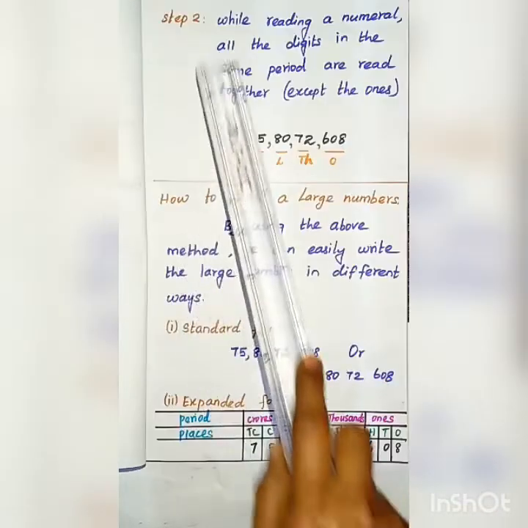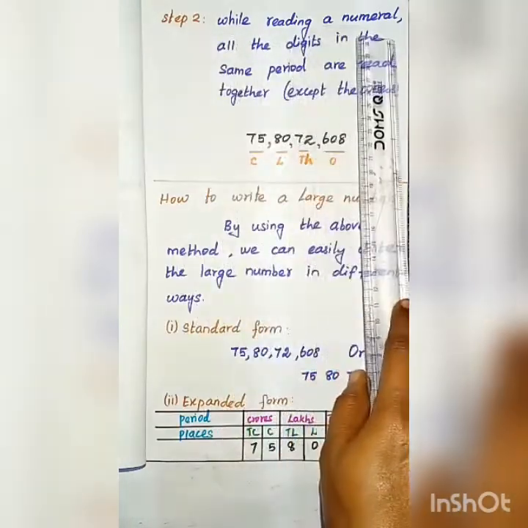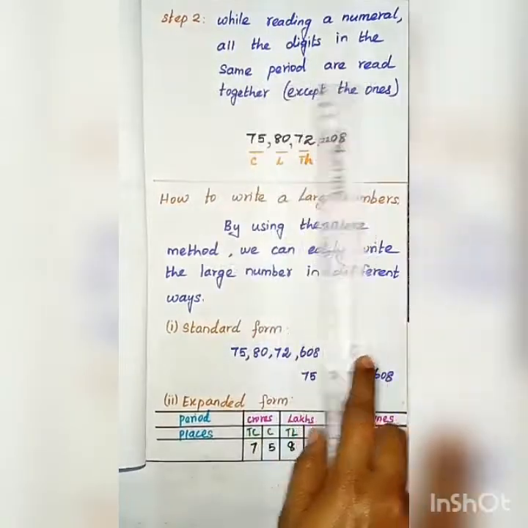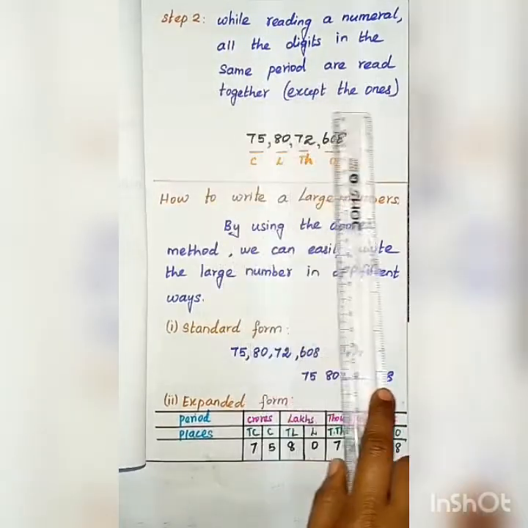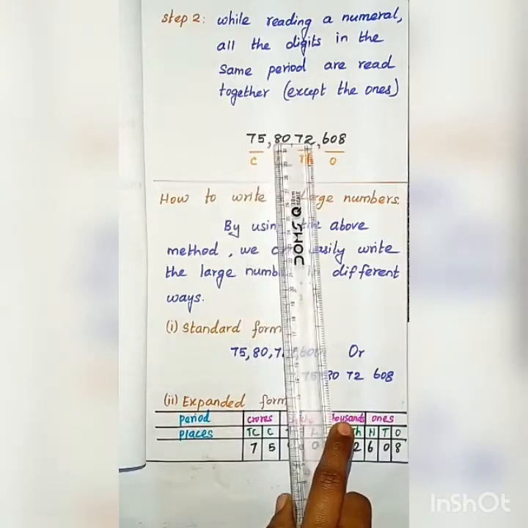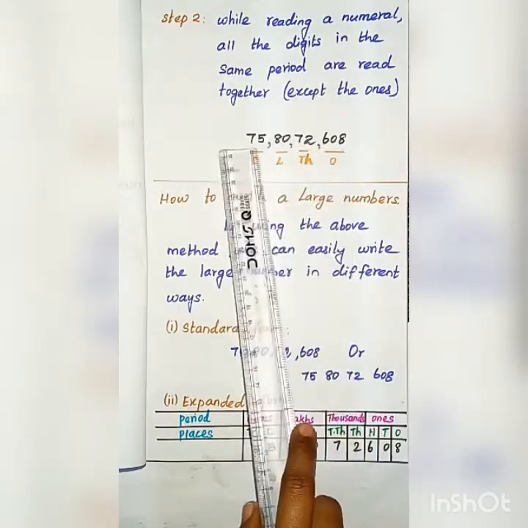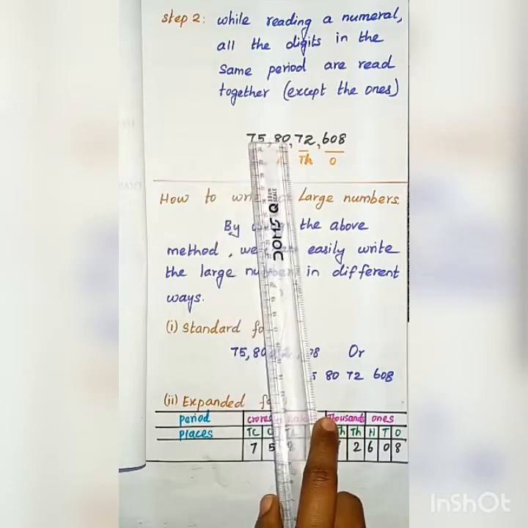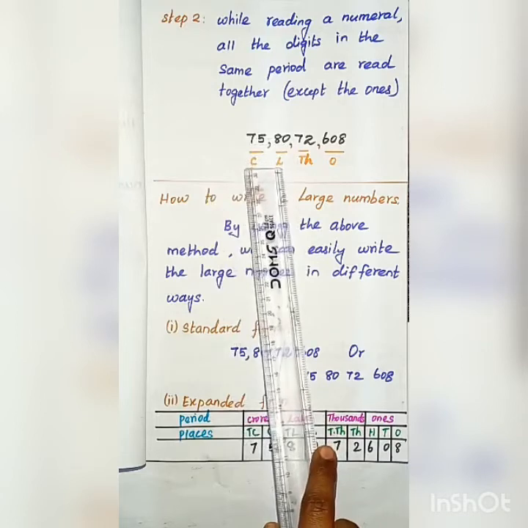Second step: while reading a numeral, all the digits in the same period are read together except the ones. Here you have 2 digit, 2 digit, 2 digit, 3 digit. So these 2 digits are combined and read as crore, and these 2 digits are combined and read as lakh.